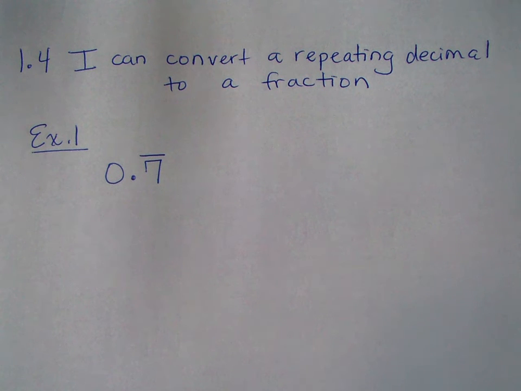Anyone remember what this one's going to turn out to be? No? What do you think? 7 ninths. This is that one whenever the denominator is 9, your numerator repeats. So yes, we will get 7 ninths. I want to show you, though, how it works out, okay? And then these are the steps you're going to go through.